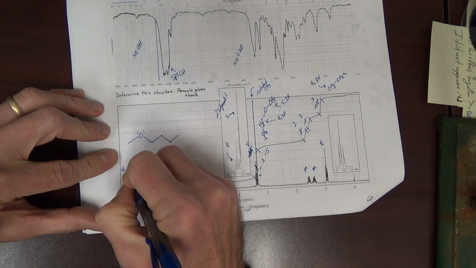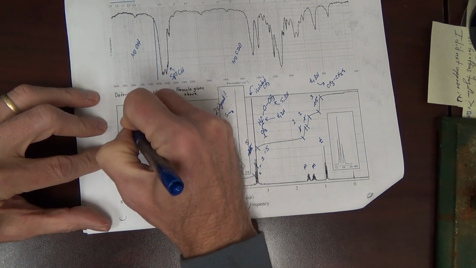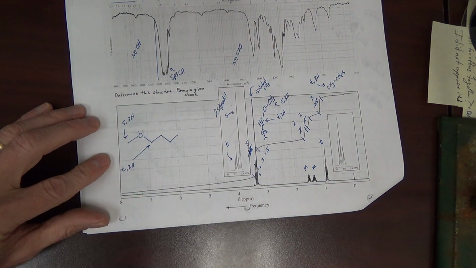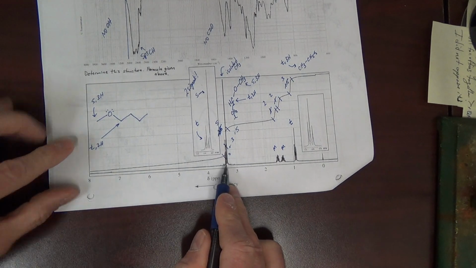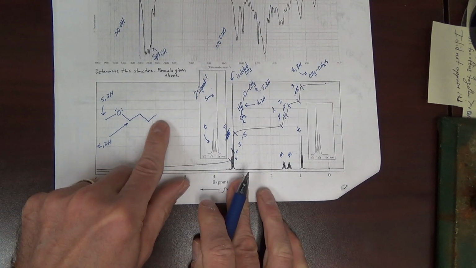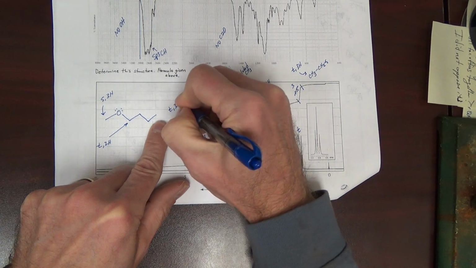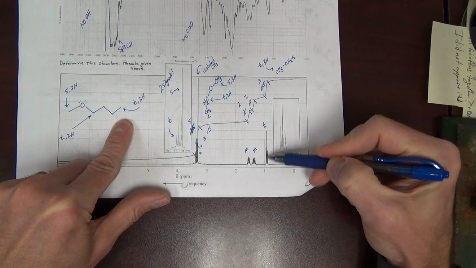Triplet 2H. Singlet 3H. And indeed, that's what we have. Both downfield because bonded to oxygen. One on the end here would be triplet 3H. And indeed, we have that signal here.